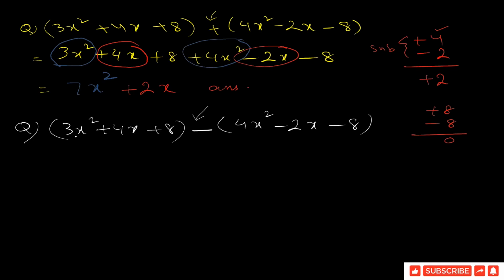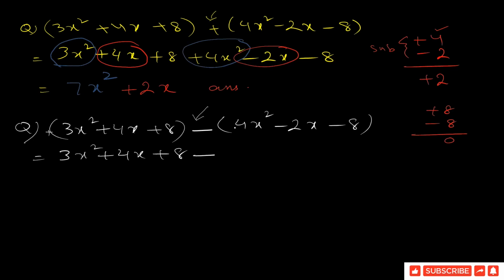We do not change anything in the first bracket because outside it there is nothing, meaning it is positive. And whenever you have a positive sign outside, you do not change any sign inside. This is the rule.